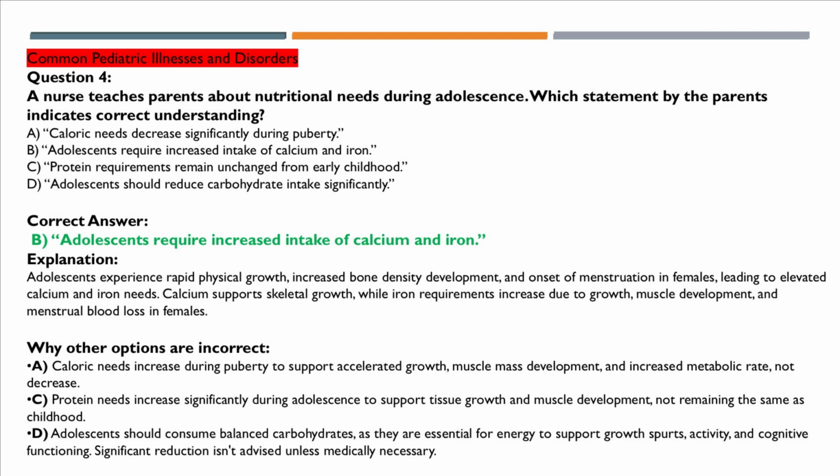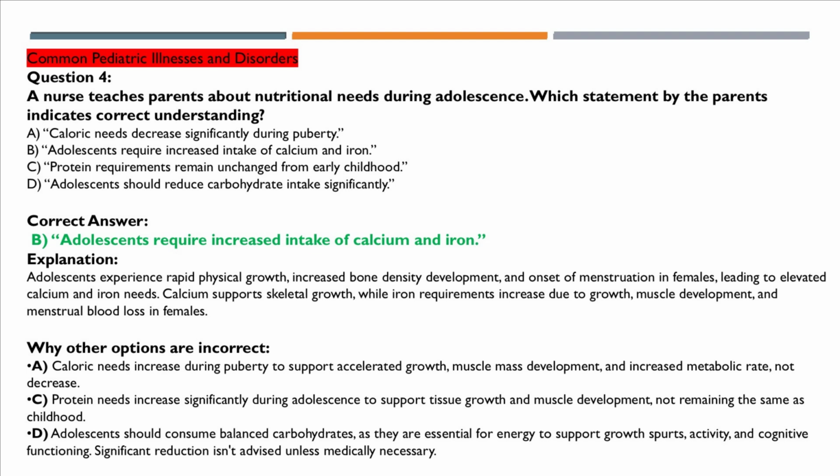Explanation: Adolescents experience rapid physical growth, increased bone density development, and onset of menstruation in females, leading to elevated calcium and iron needs. Calcium supports skeletal growth, while iron requirements increase due to growth, muscle development, and menstrual blood loss in females. Why other options are incorrect: A. Caloric needs increase during puberty to support accelerated growth, muscle mass development, and increased metabolic rate, not decrease.